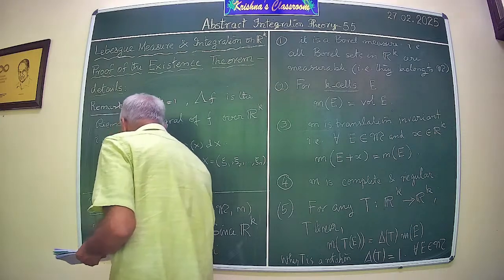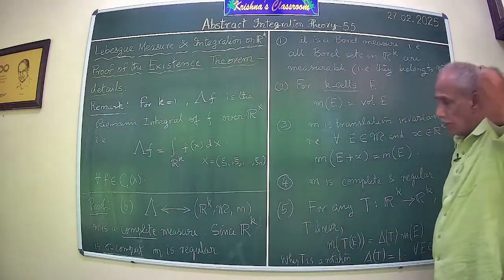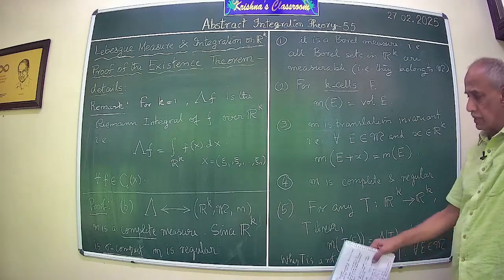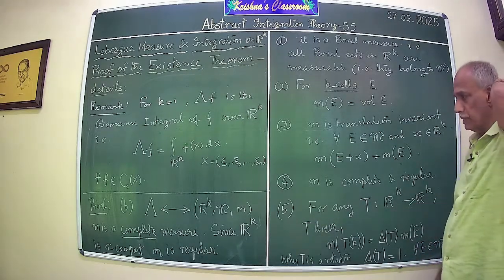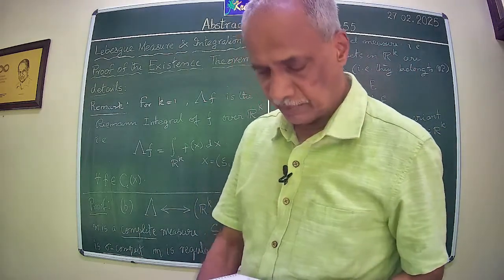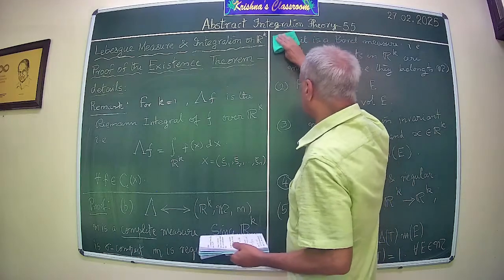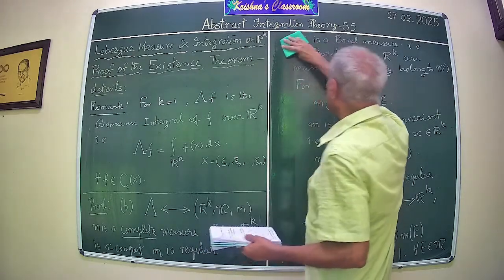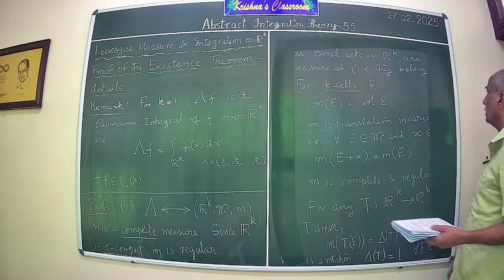So this is important. If the sigma compactness is not there, we cannot say that M is a regular measure. But now it is a regular measure as we have defined earlier. So please look into the definition of the regular measure. So part B in our theorem actually follows.